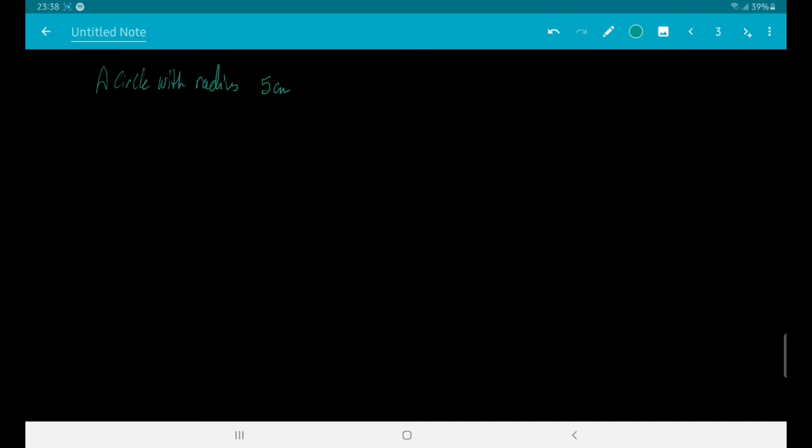The only thing that you should know, and you will use it in every question about the area or the circumference of the circle, is the value pi. Pi is a constant, 3.142 or 3.14, or you can find it in your calculator. So, a circle with radius 5 centimeters, find the area and circumference.